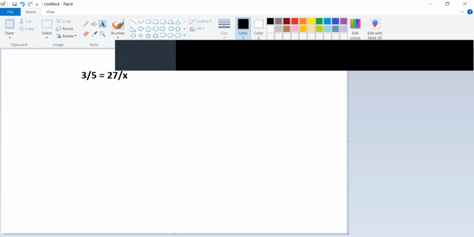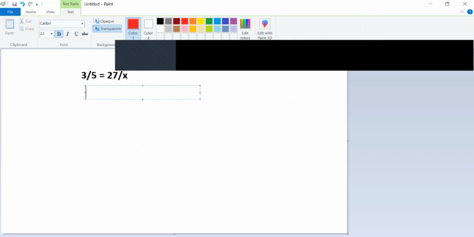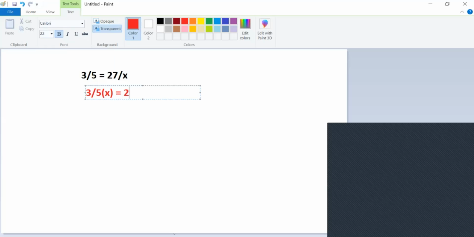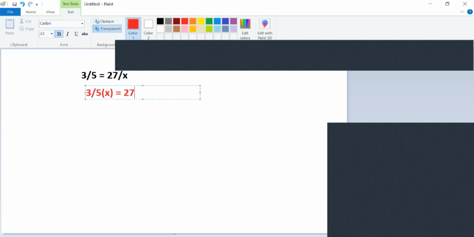How do I get x on top? I have to take both of these and cross multiply. In doing so, I get that x on the left-hand side is equal to 27. So would X be 9?